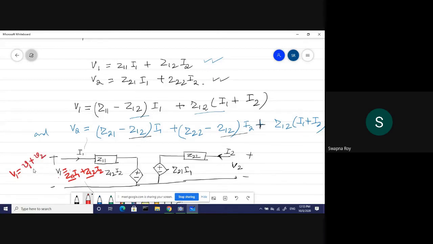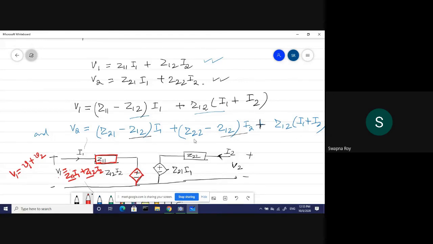The small v1 is the drop in the impedance Z11, and the other is the output of the current controlled voltage source. This output is controlled by the current I2, Z12 I2.